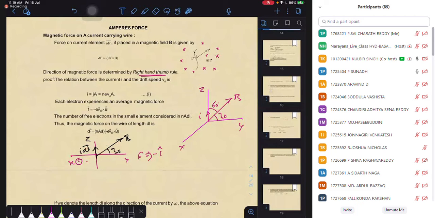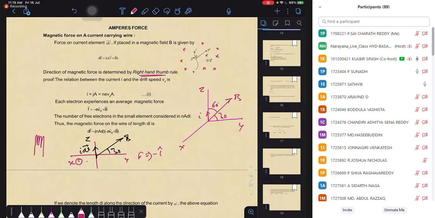So what you do is, you take your fingers, your finger should be parallel to your Z axis. Okay? Finger should be parallel to your Z axis. And then you rotate your finger toward the B, magnetic field. If you rotate your finger toward the B, your thumb will go inward. Okay, it will go here in the inward direction.